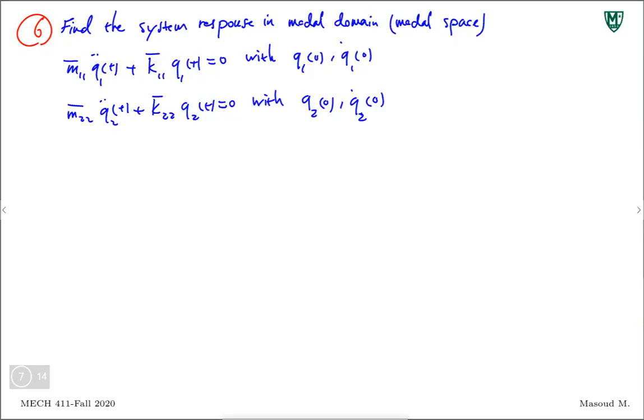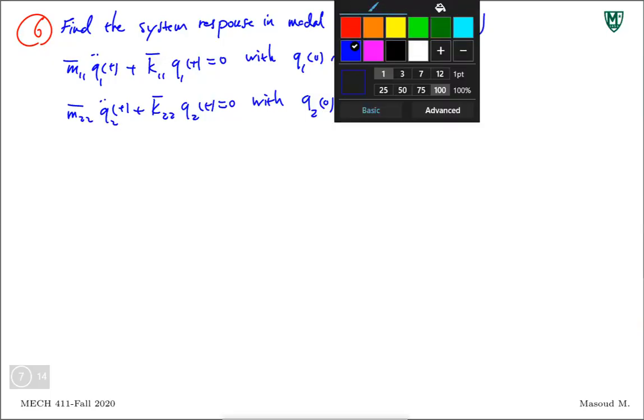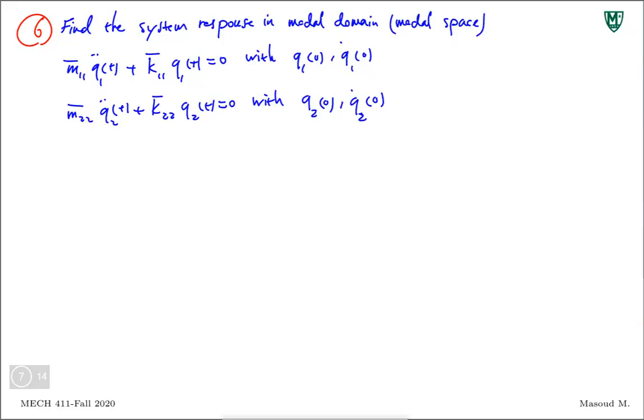Now you have a system like this and another system like this, in modal domain. For the first system you have M11 bar and K11 bar, and the coordinate is Q1, with initial conditions Q1 and Q1 dot.